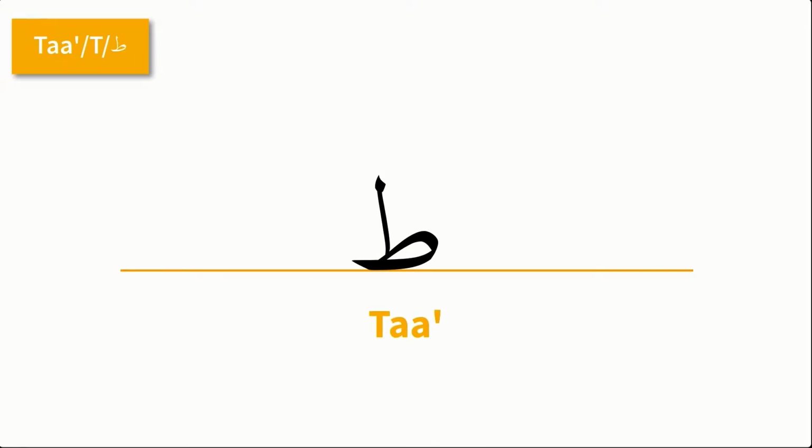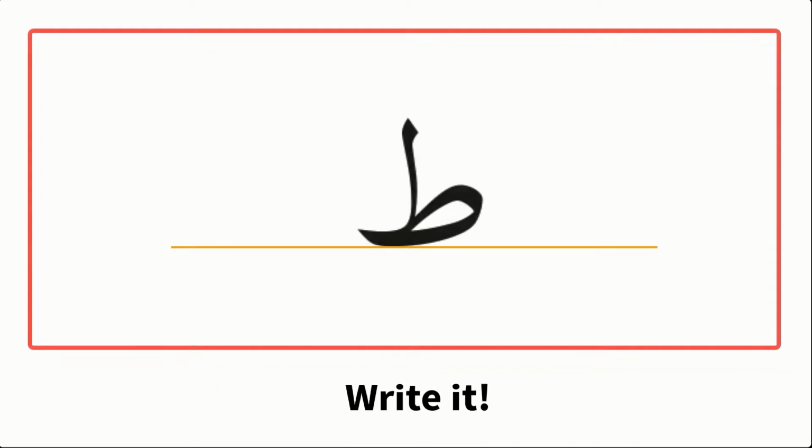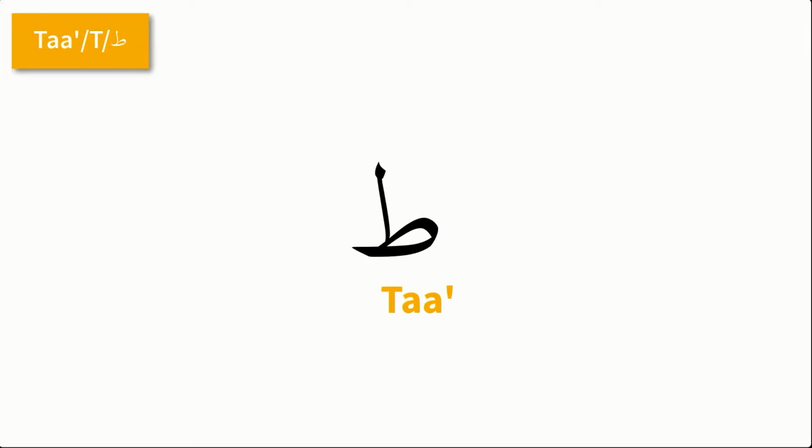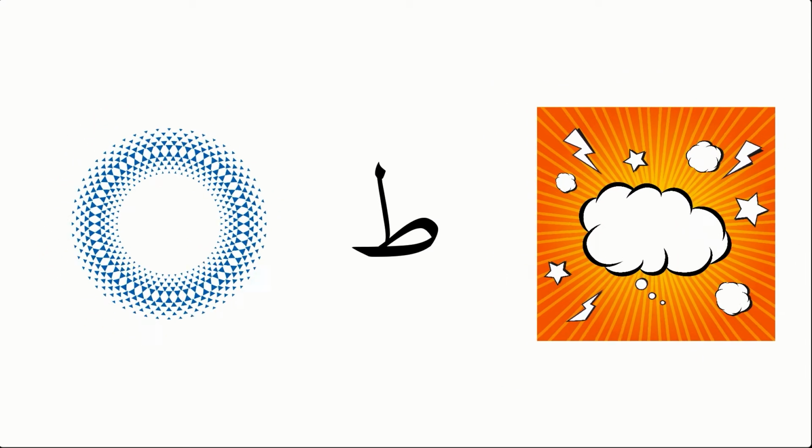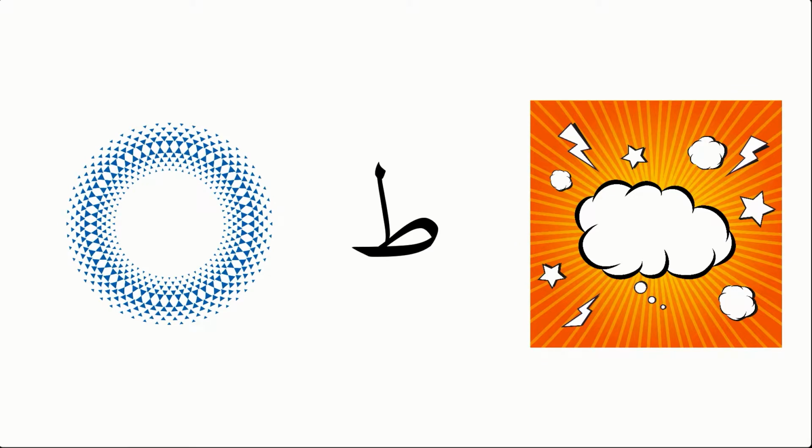The first letter that we have in this group is called Ta. The Ta is one of the four rounded letters discussed earlier on.